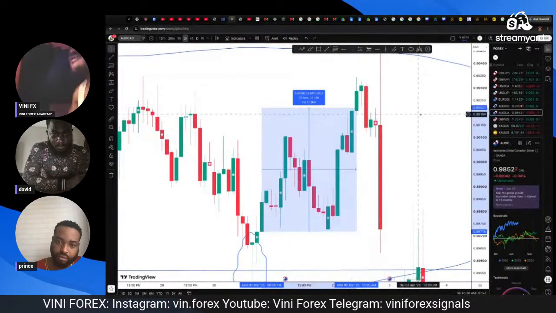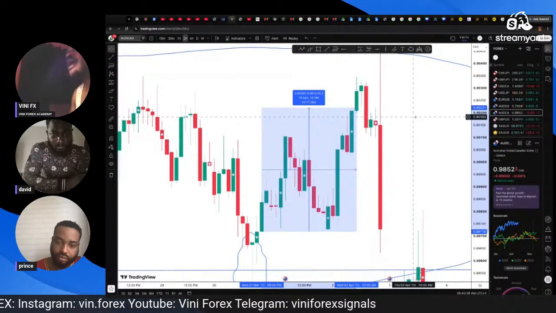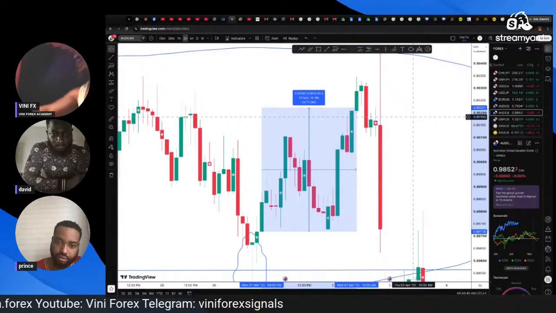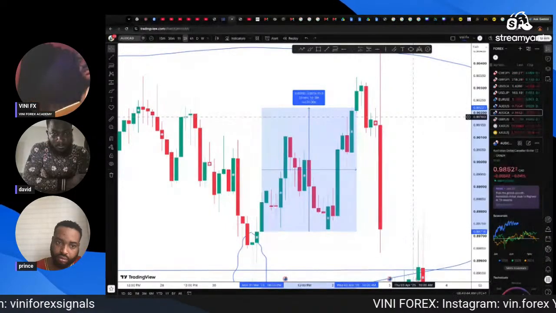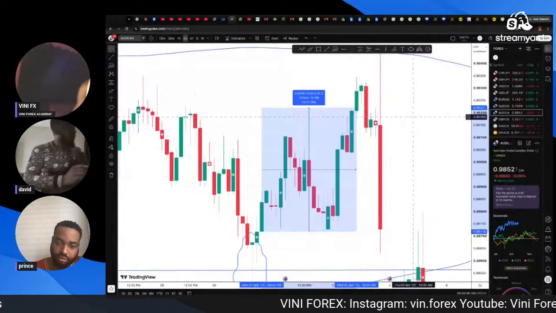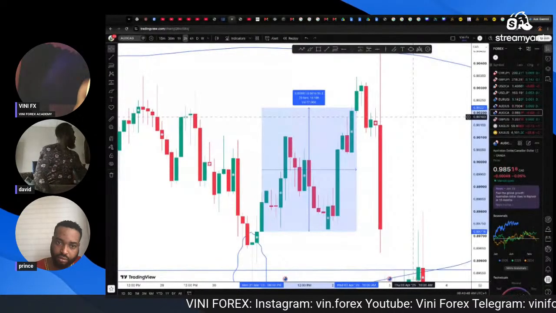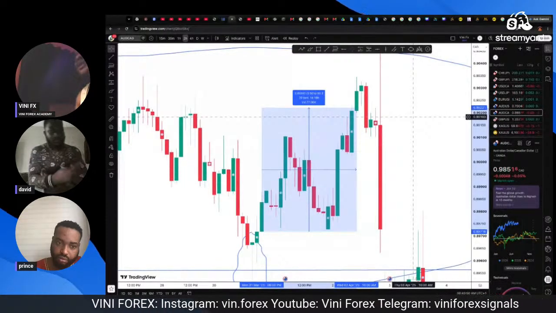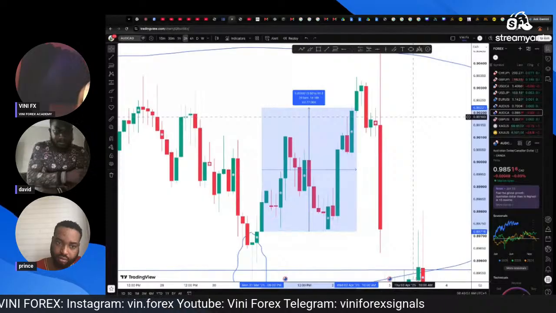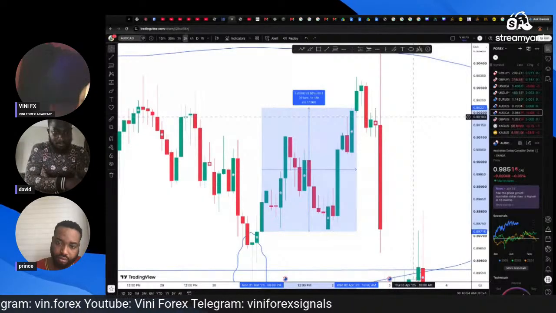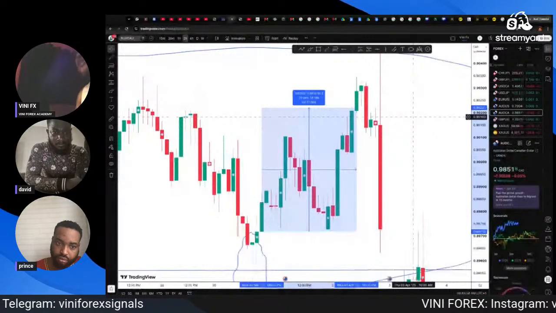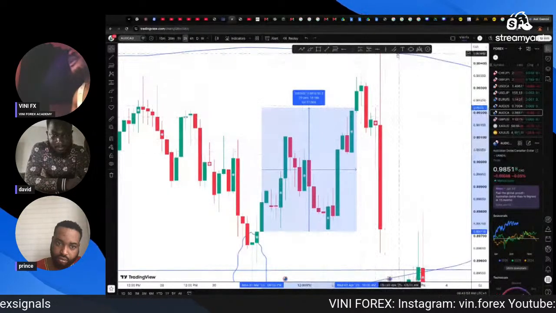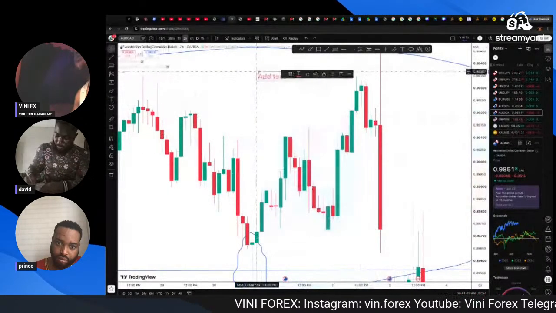Assuming you bought with 0.5 lots, 0.5 will give you $5 per pip.